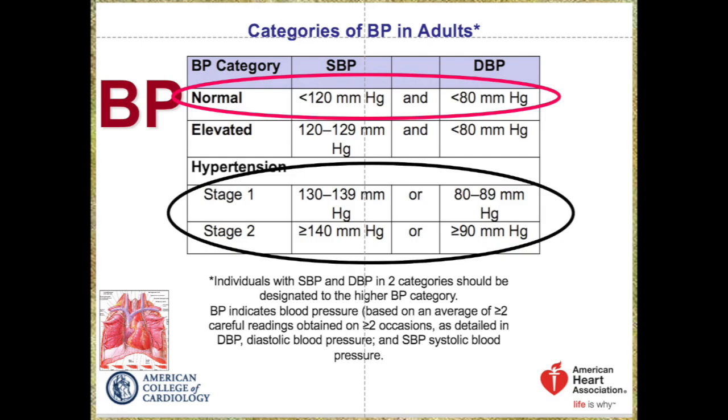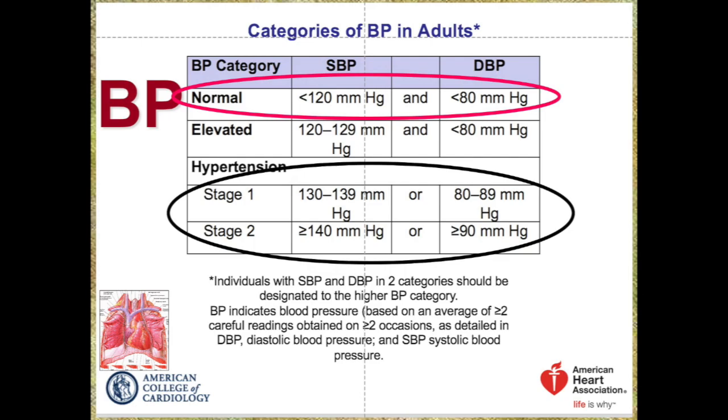So if you've got somebody at 130 systolic to 139, over 80 to 89, that's called hypertension stage 1, and organs can be damaged with this. This is really tough on the heart also, having to work and push through these blood vessels. Stage 2, they've got a blood pressure of greater than 140 over greater than 90.